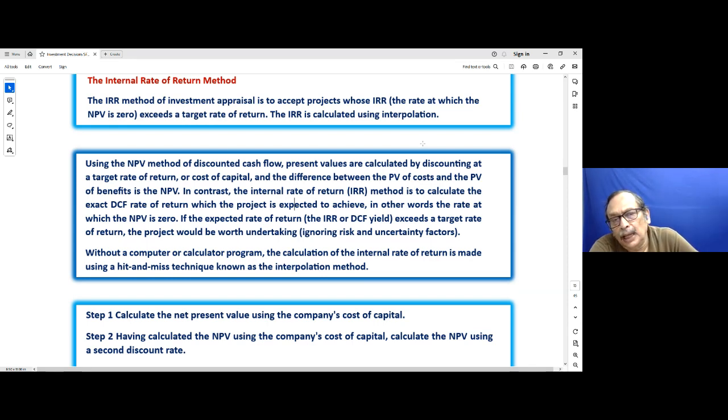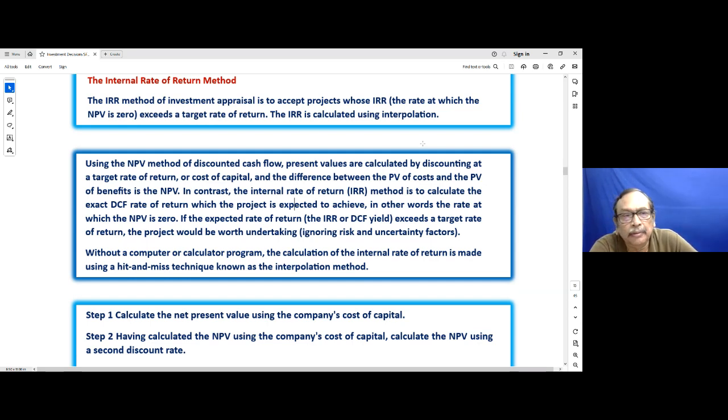Now, using the NPV method of discounted cash flow, present values are calculated by discounting at a target rate of return or cost of capital, and the difference between the PV of costs and the PV of benefits is the NPV.